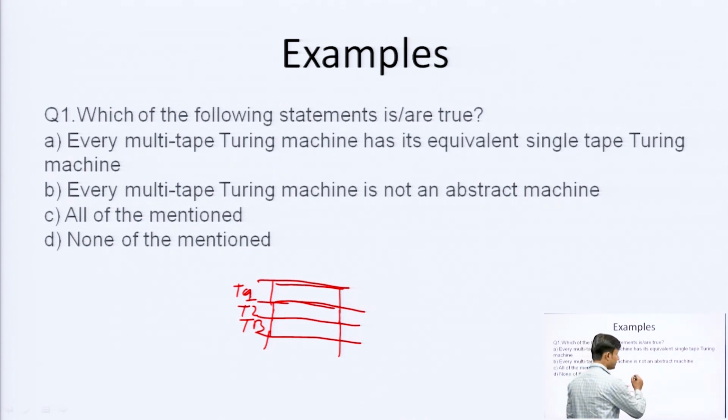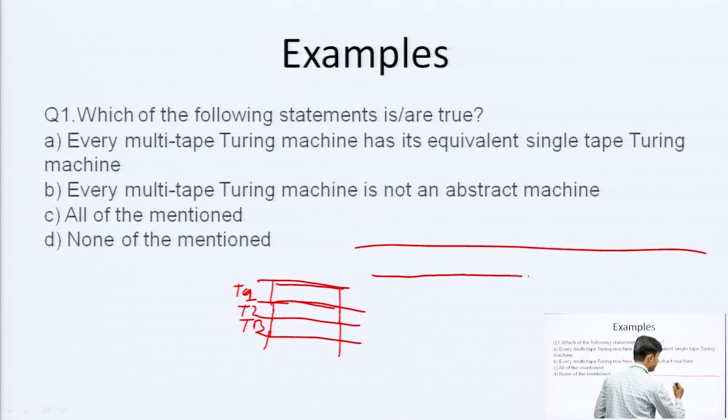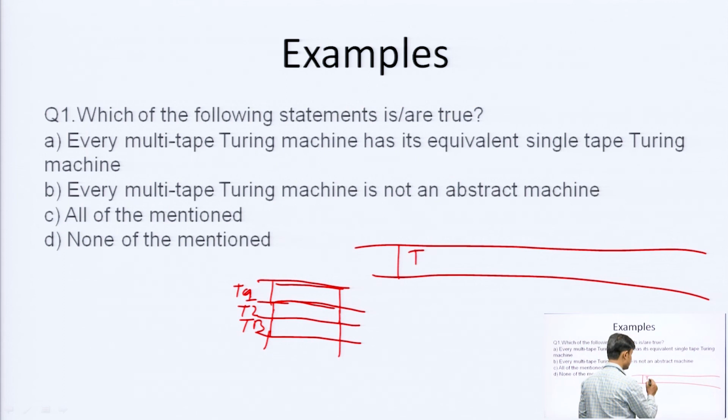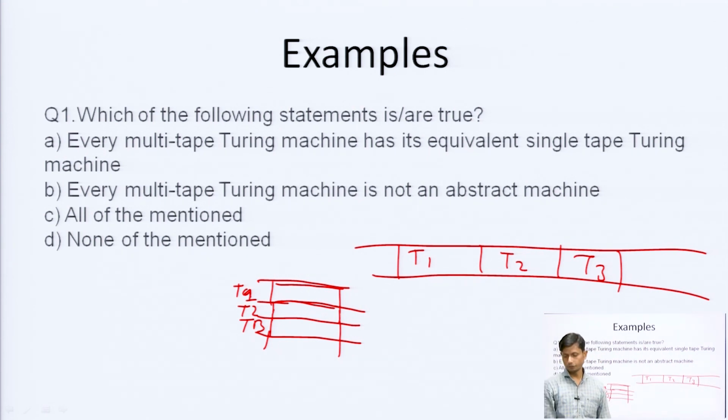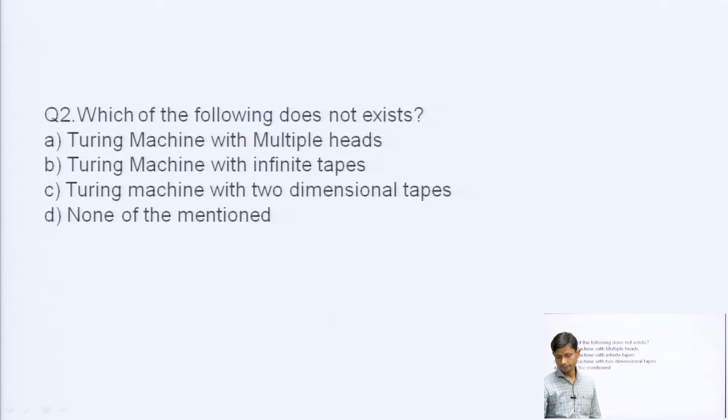You can combine them into a single tape, T1, T2 and T3, and make a single-tape Turing machine. So option A is true: we can make a multi-tape machine equivalent to a single-tape Turing machine.